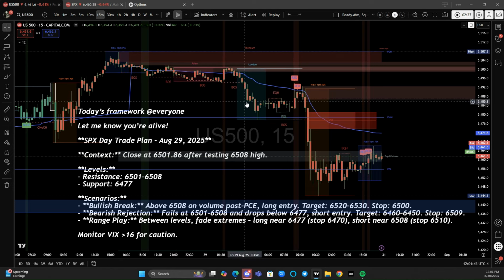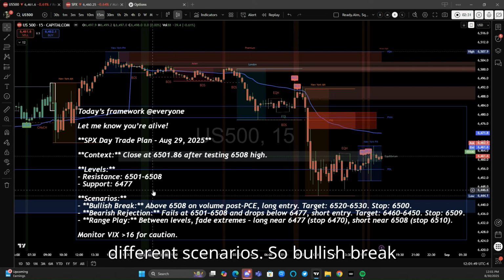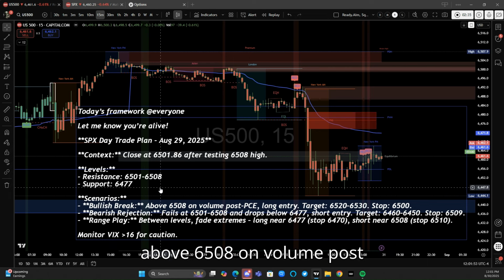Really simple. And then I come out with a few different scenarios. Bullish break above 6508 on volume, post CPI, there's a long entry, targets 6520, 6530, stop below 6500. Bearish rejection fails at 6501, 6508 and drops below 6477.